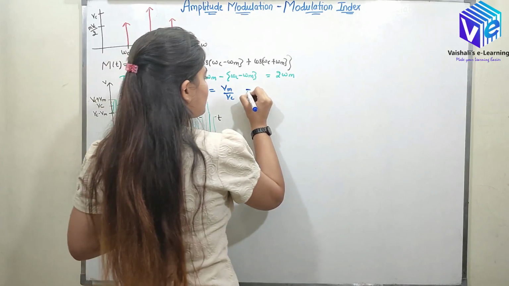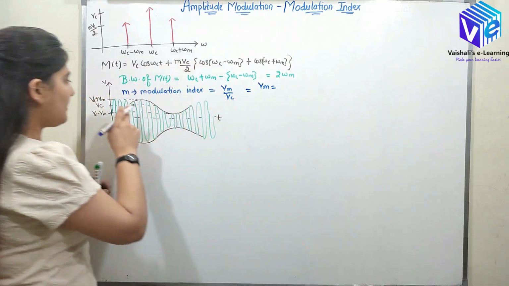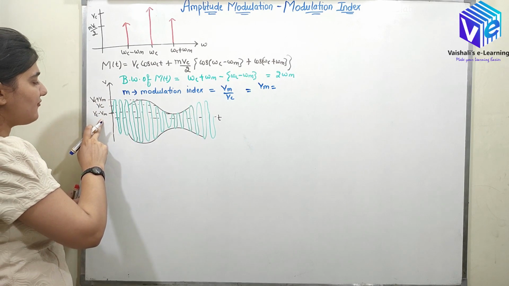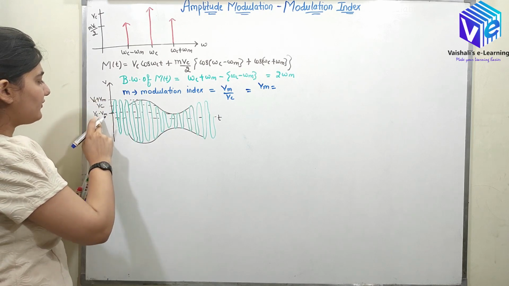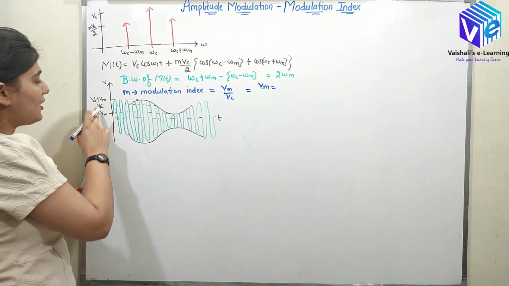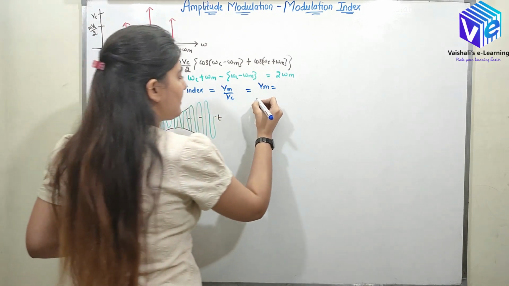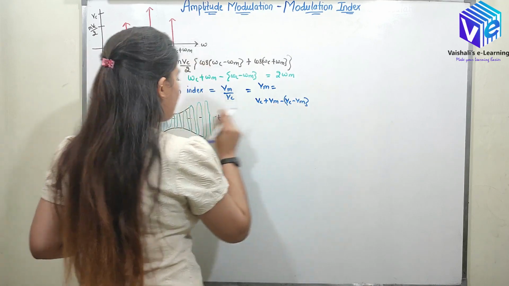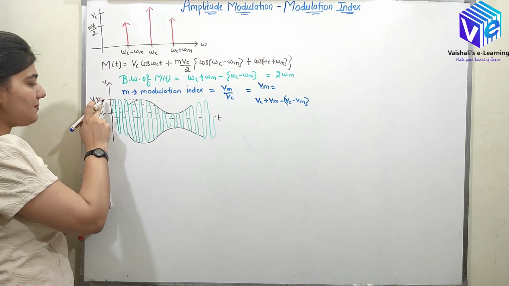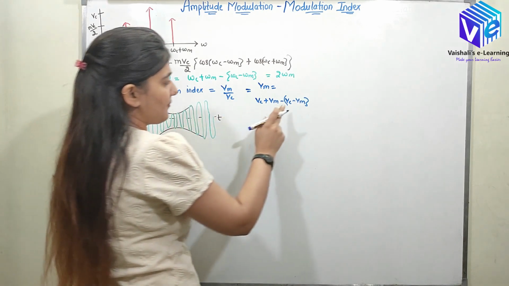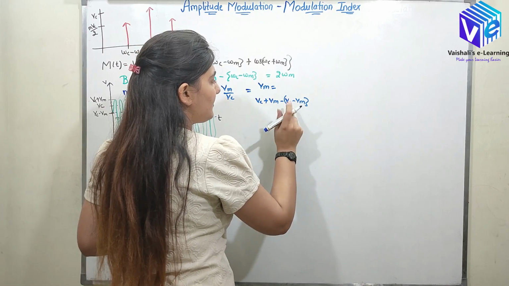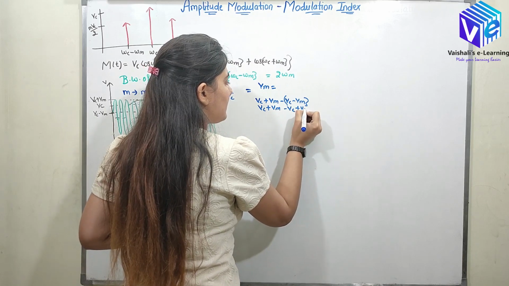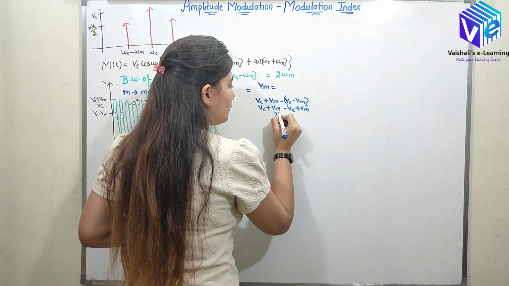Now if I talk about Vm, the maximum amplitude was Vc plus Vm and the minimum amplitude was Vc minus Vm. If I add both of them, I will get twice Vc. If I subtract them, it is Vc plus Vm minus Vc plus Vm, which is equal to 2 Vm.